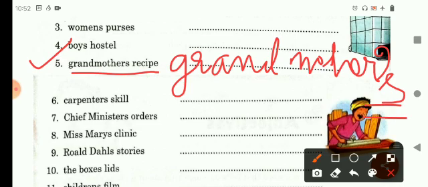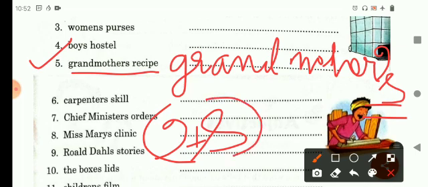If the person is singular and not ending with s, this is the rule: you have to always put the apostrophe symbol, adding s to it. Now you'll write grandmother's recipe like this.